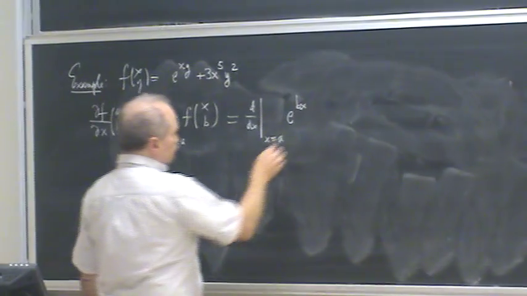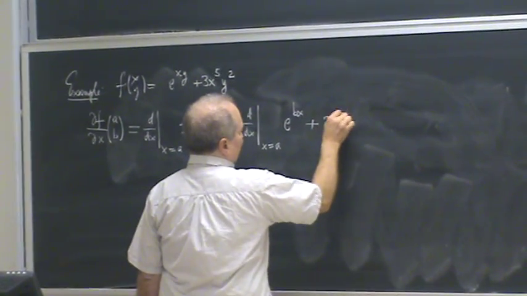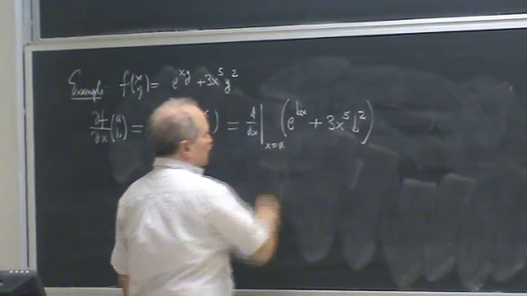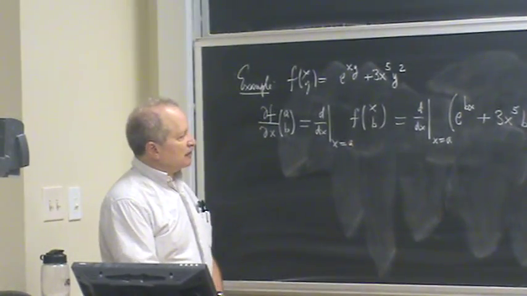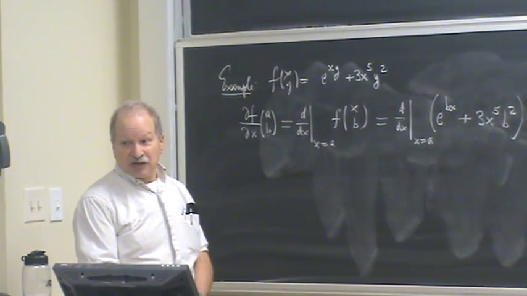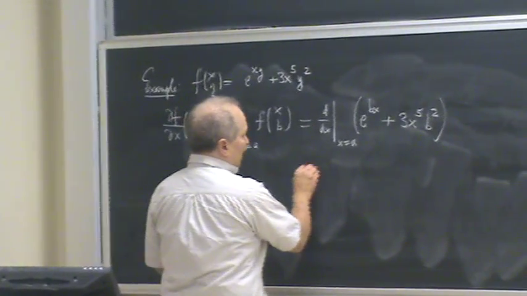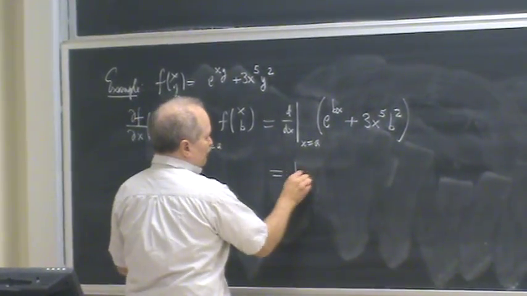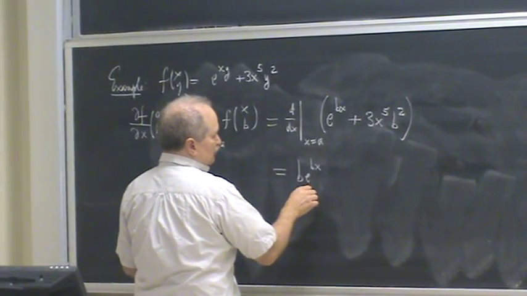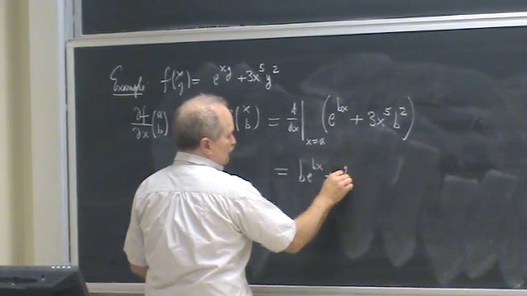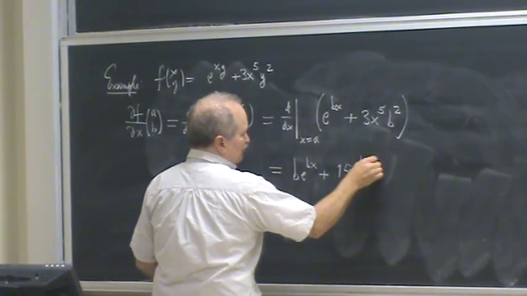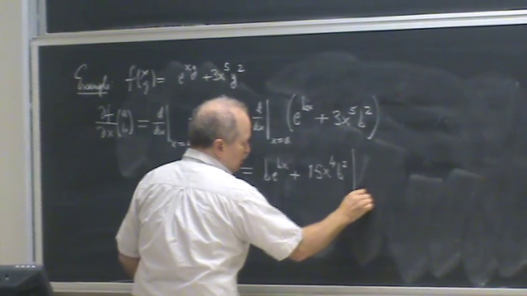Put the b in for y. All right? Now I take the derivative, and don't forget the chain rule. So we're going to get, evaluated at x equals a.